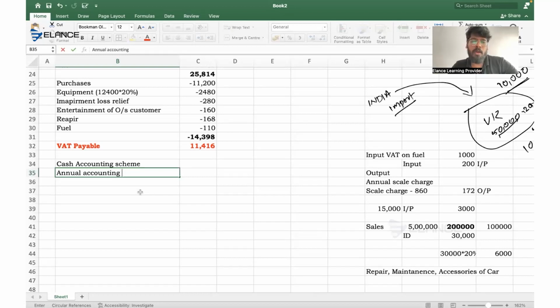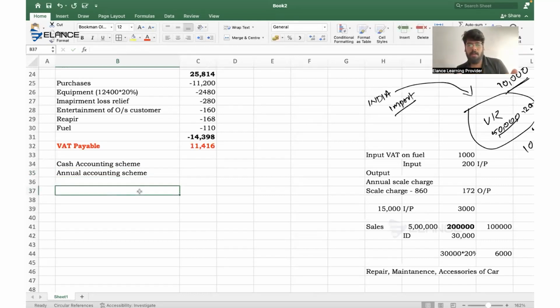And the second one is the annual accounting scheme. To join and leave these 2 schemes, the criteria are similar. To join a cash accounting scheme or annual accounting scheme, the annual turnover of the trade or company should be less than 1.35 million.